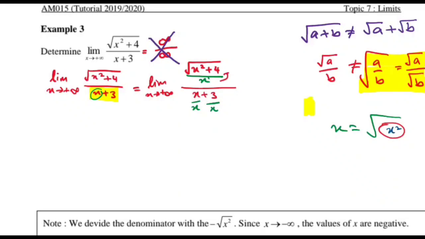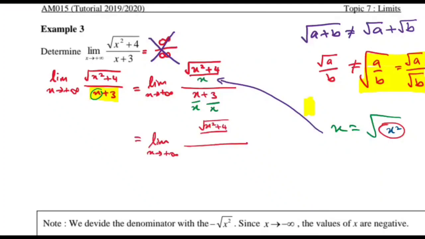So we can change x with square root of x squared. And after that, the square root of x squared can enter the same square root as the numerator. So I'll be changing my x with square root of x squared, because square root of x squared is equal to x.